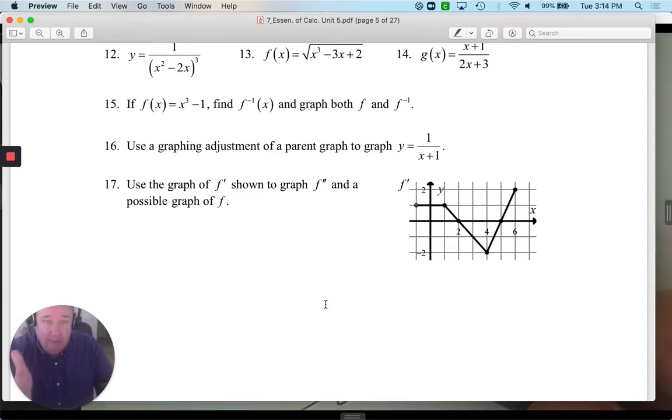From 1 to 4, you have a negative slope of -1. And then from 4 to 6 is a positive slope of 2, up 2 over 1. And just know that at 1 and at 4, the derivative doesn't exist because of the sharp corners.